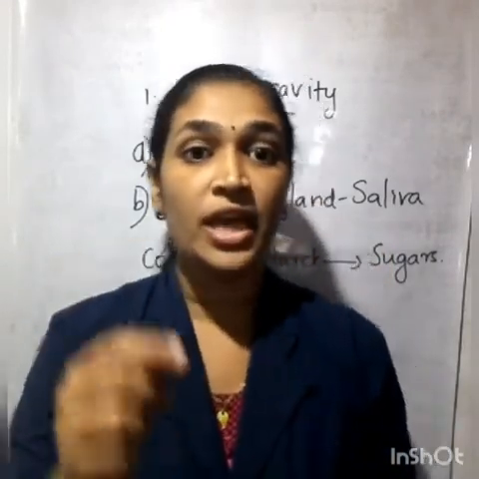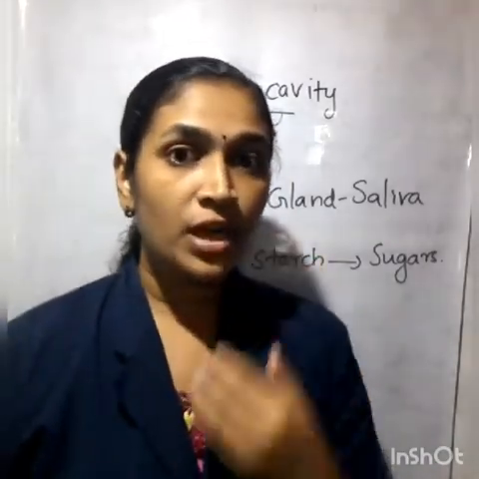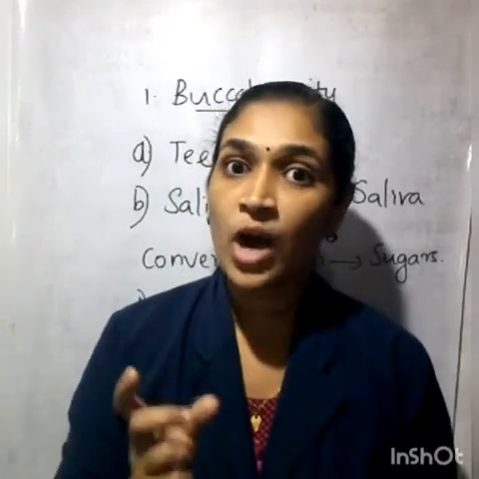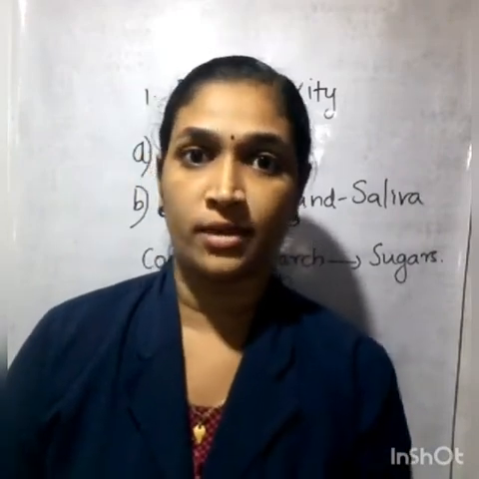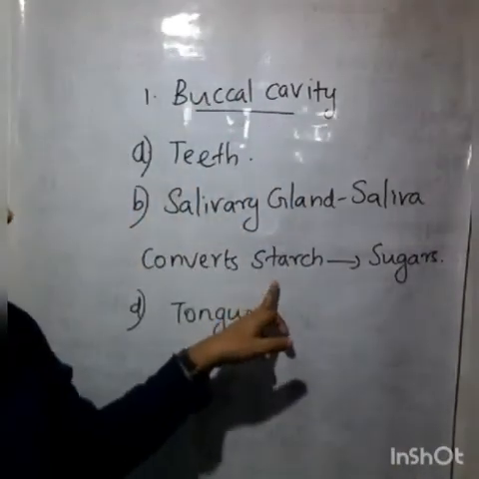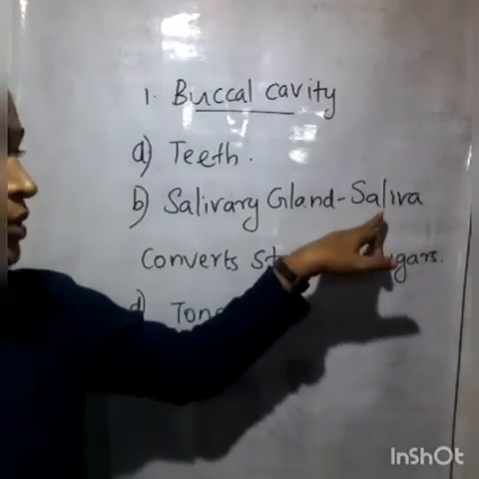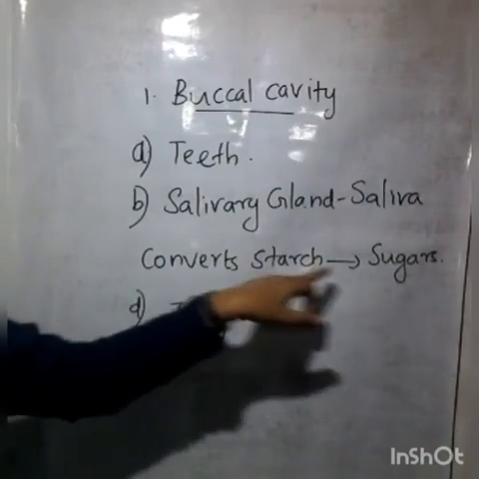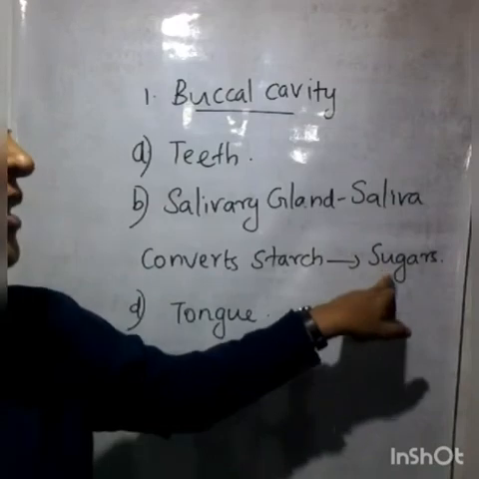By this mixing, the starch in our food, which is one of the different components of food like nutrients, the starch or carbohydrate, is converted into sugar. Starch is converted into sugar by whom? Saliva. The saliva in our mouth converts starch in the food into sugars, and it is easy for our body to digest sugars.